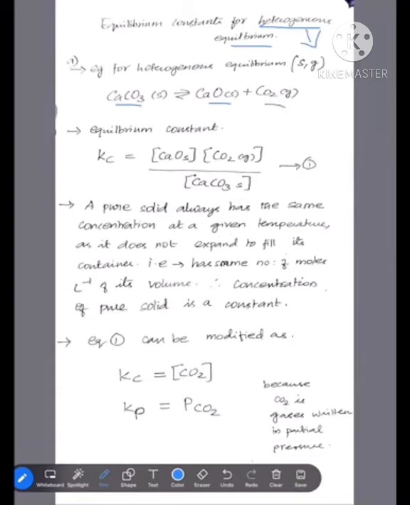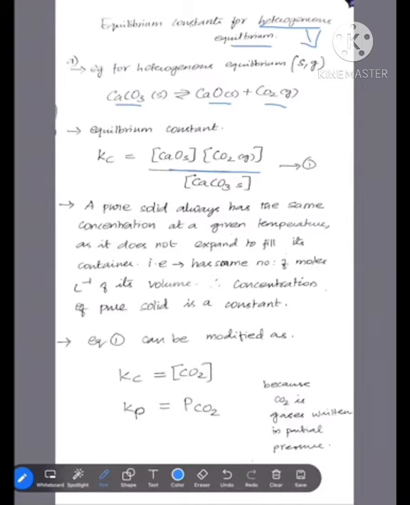We can write the equilibrium constant for this reaction as Kc is equal to the concentration of calcium oxide into carbon dioxide. Here the powers are just going to be 1 and 1. And down you will write calcium carbonate. Again the power is going to be 1.